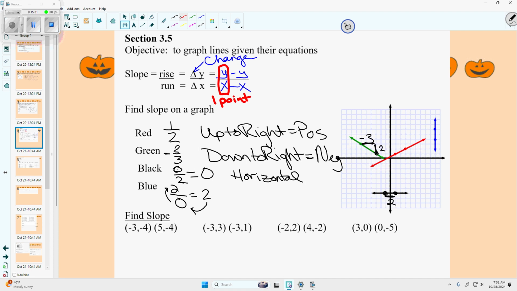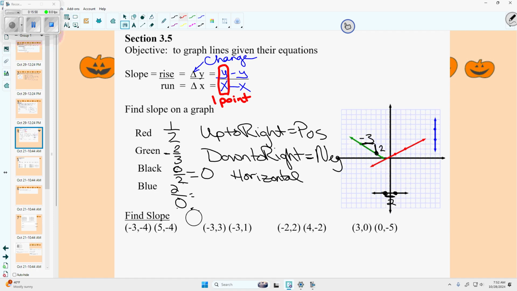Can I take 2 times 0 and get back 2? If I put 0 there, does 0 times 0 give me 2? What number can I put there that I can multiply by 0 and get back 2? Anything times 0 is 0. There's no way to get 2 back.